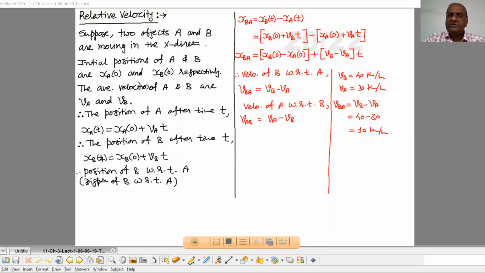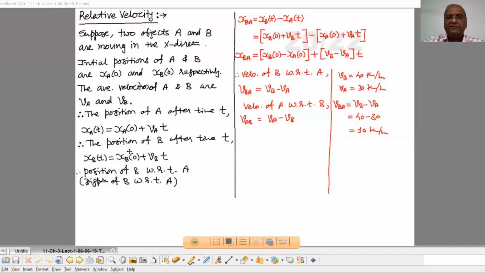The position of object A after some time t will be given by the equation xa(t) = xa0 + Va t. Here xa0 is the initial position, and after that with velocity Va, it will cover the distance Va times t in time t. So the final position will be the initial position plus the distance covered in time t.